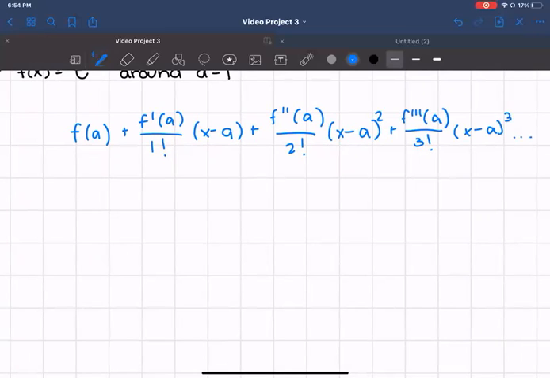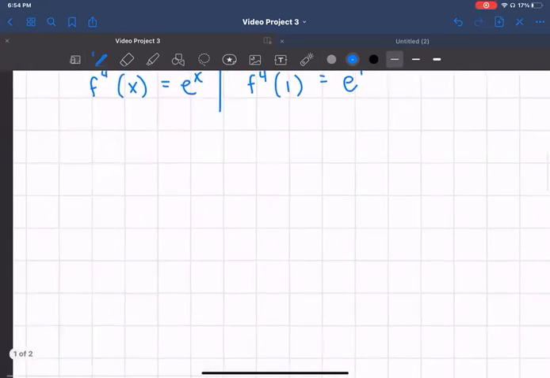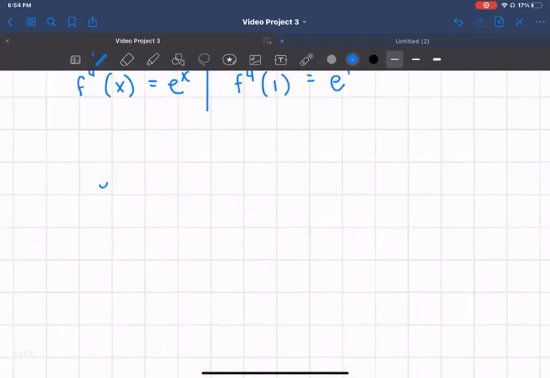It just continues. So our a is equal to 1. So when we plug this in, it's going to be f prime of 1, and so on. So for our Taylor series, it's going to be e to the 1 plus e to the 1 times (x minus 1). And it just follows the formula over and over again.